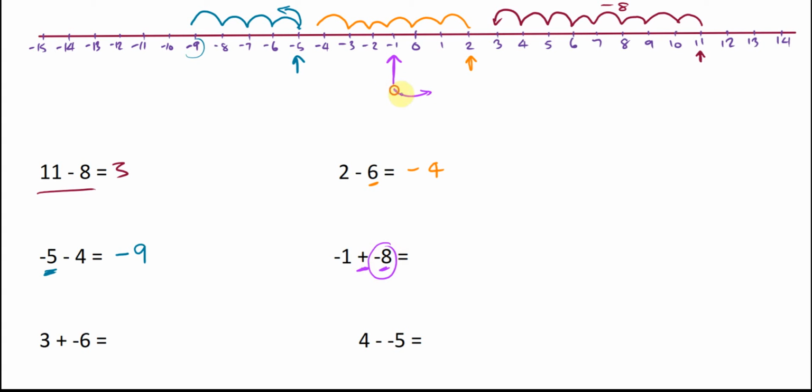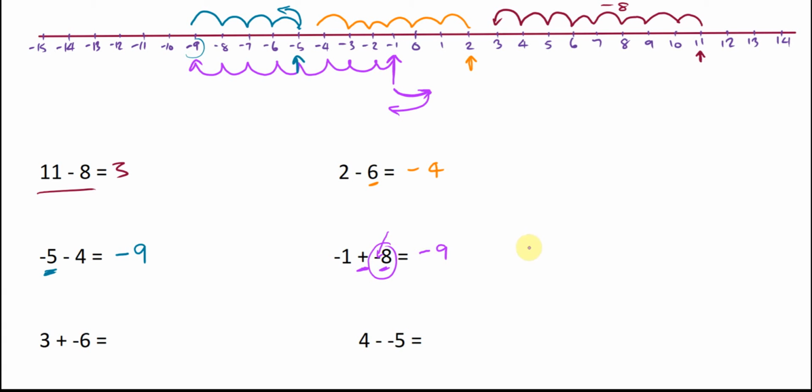So although I start off heading off to the right in terms of adding, that negative sign in front of the 8 causes me to change direction and head off down that way, towards more negative numbers. So negative 1 plus negative 8 means I'm going to head off in this direction. 2, 3, 4, 5, 6, 7, 8. So the answer here is negative 9.